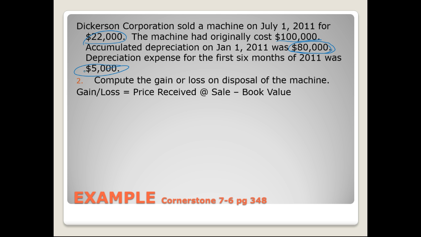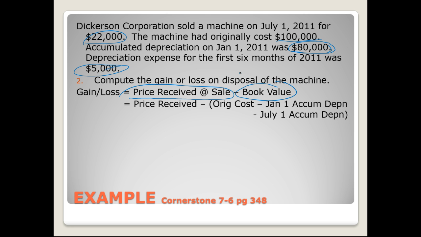So the gain or loss is always going to be whatever price we receive when we sell it minus the current book value. In this case, the current book value would have been the original cost of the item minus all the accumulated depreciation we knew as of January 1st, and then we also have to subtract the additional accumulated depreciation that we entered in that previous journal entry as of July 1st.